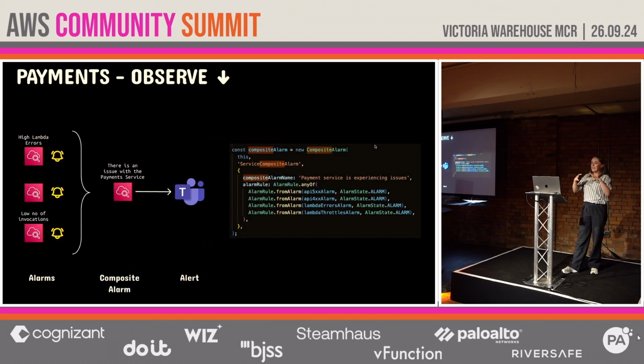So better to encapsulate all of these into one particular alarm. All of these events come in and you can say, if any of those are going off, then just say payment service is experiencing issues. You get one alert and then you can go and investigate from there and click through to see which ones are the problems. This has been really nice, actually, using the composite alarms.